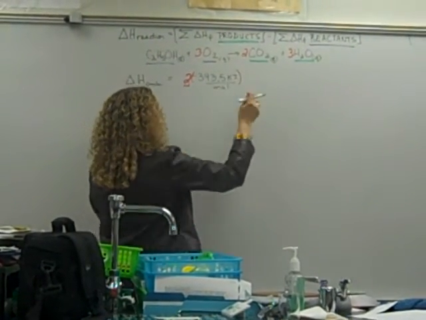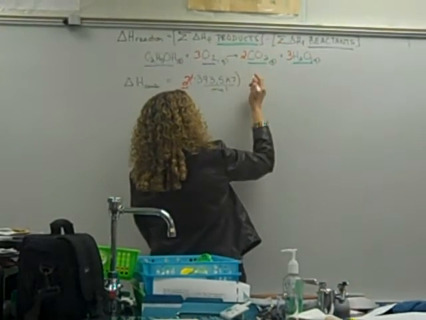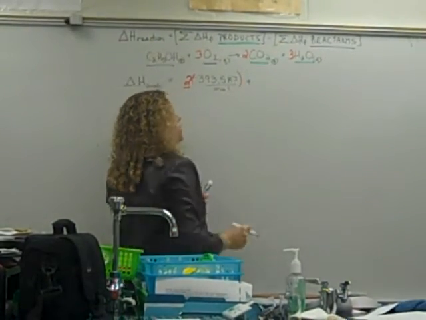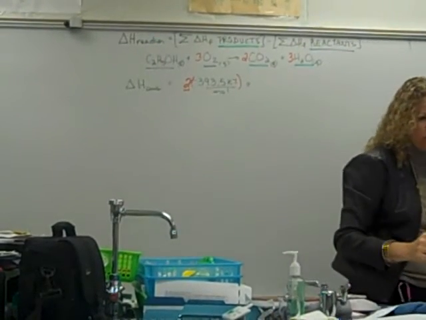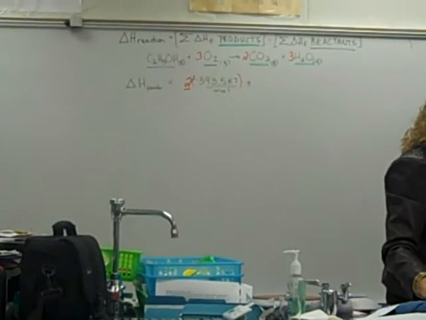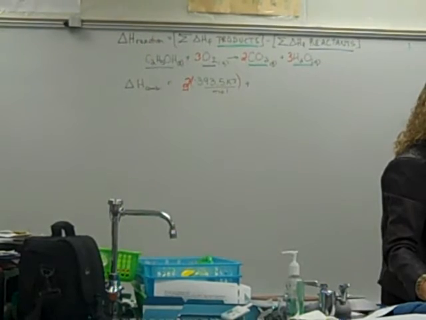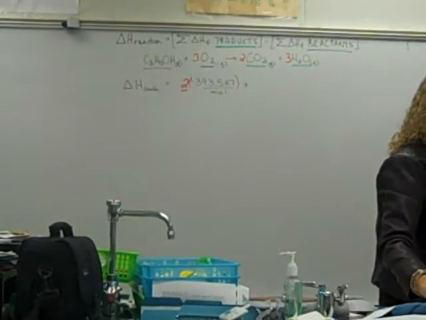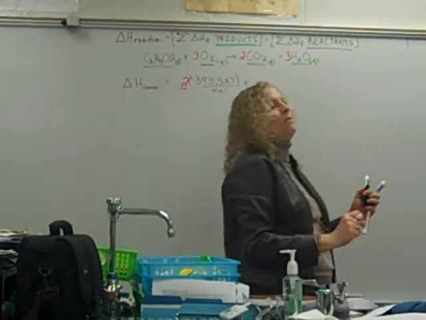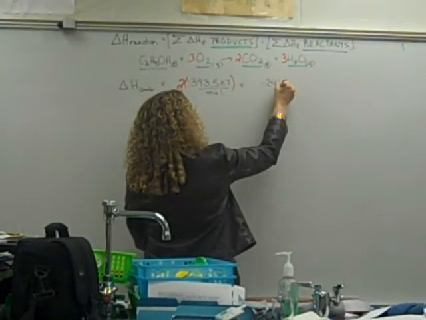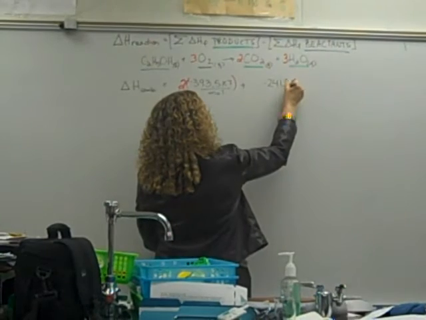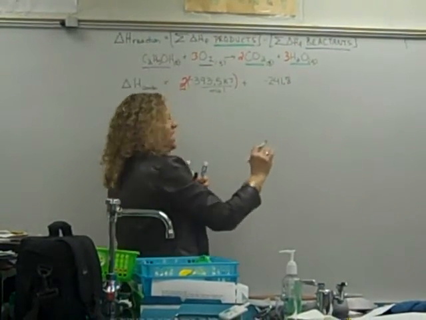Then I'm going to add to it, that's what this summation sign means, the value of water. Look under, it's either under H or, I think it's under oxygen. Look under oxygen and tell me the value of H2O, but it must be the gas form. Negative 241.8, and let's just round it to 0.8 if you don't mind.